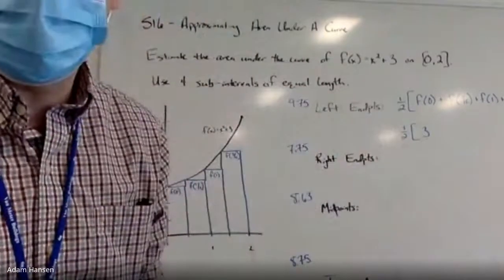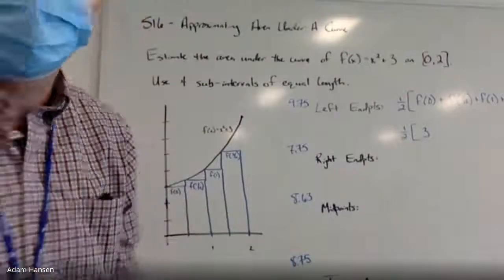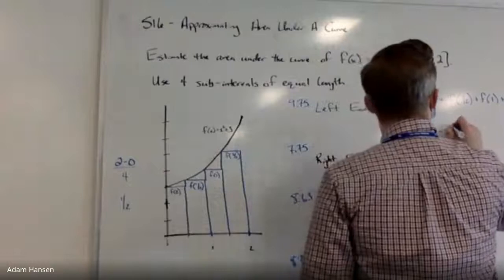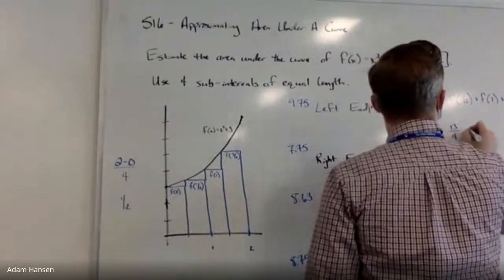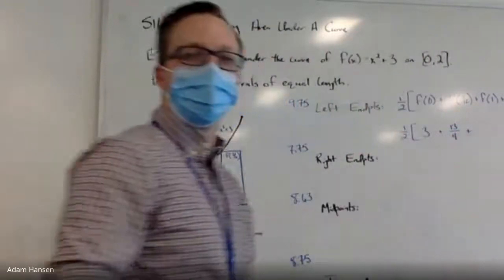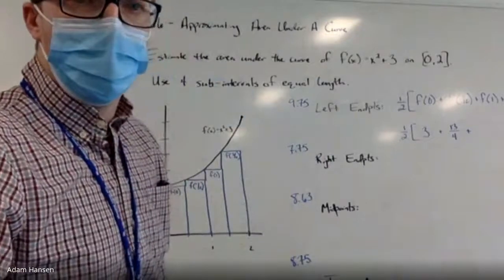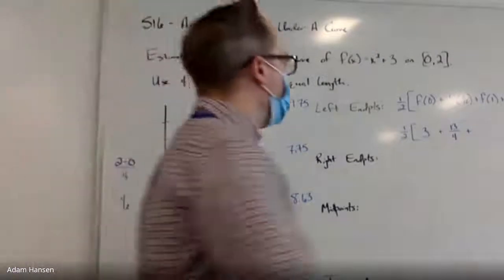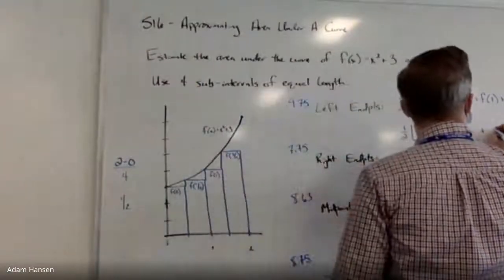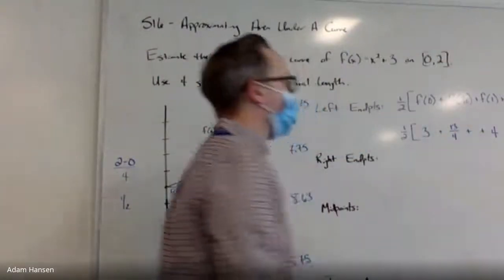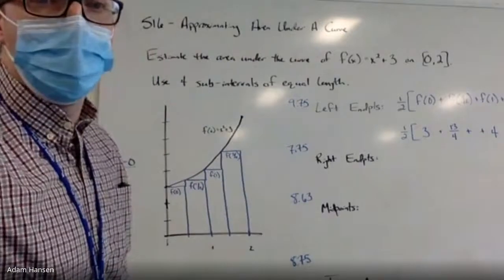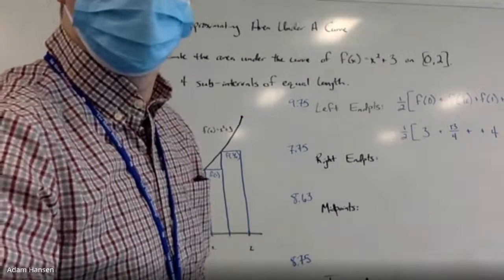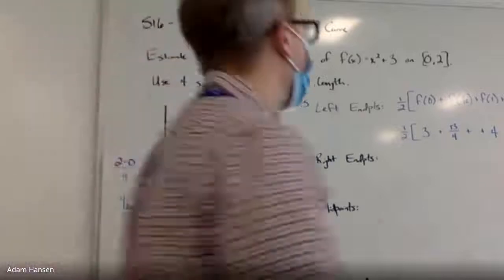All right, 3.25 or 13/4 as an improper fraction. One would be 4. 3/2. I've got 21/4.